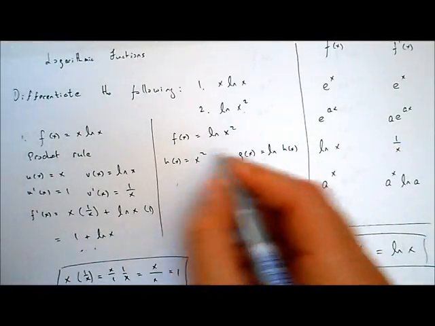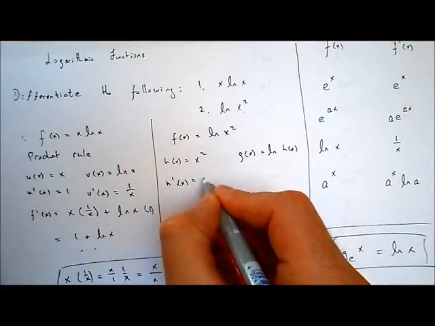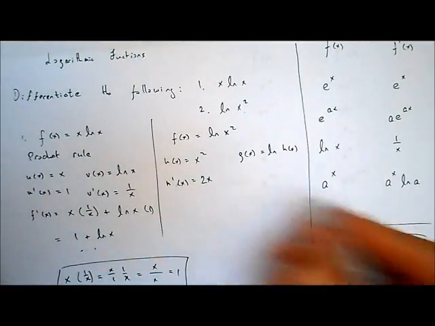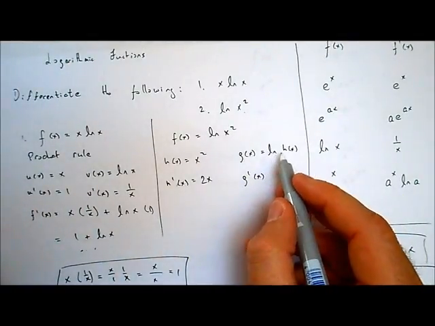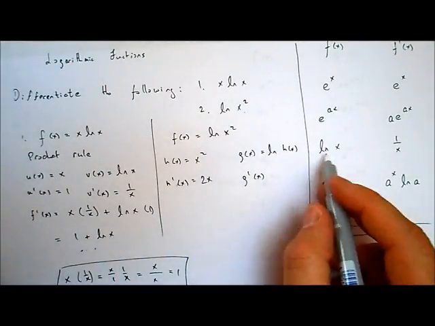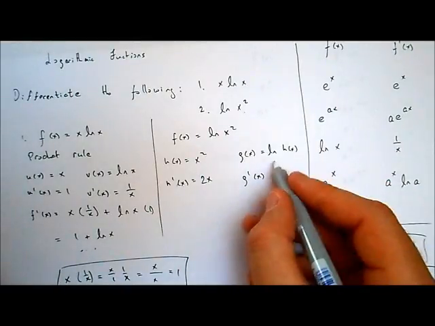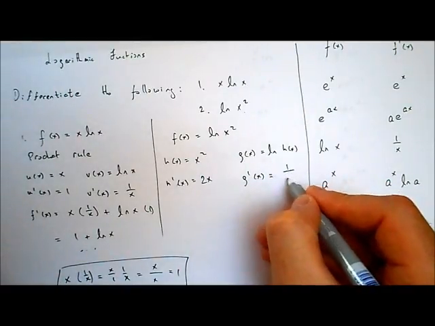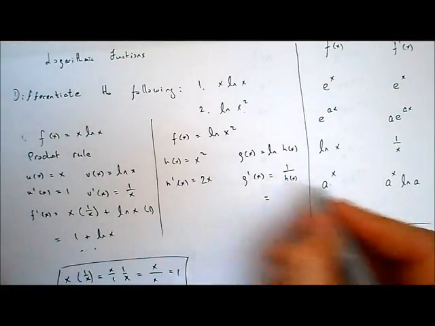It's easy to differentiate these two individually. h dash x, differentiate x squared, we get 2x. To differentiate the natural log of something, h of x, I get 1 over h of x, so g dash x will be 1 over x squared.